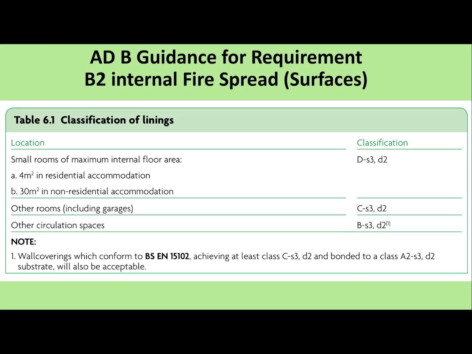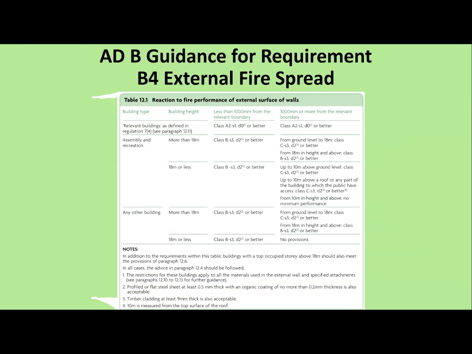Circulation space is Class B, which was the old Class 0, and other rooms, Class C, which used to be Class 1. And there are exceptions to the rule where you can have Class D. So that's the guidance in relation to B2.